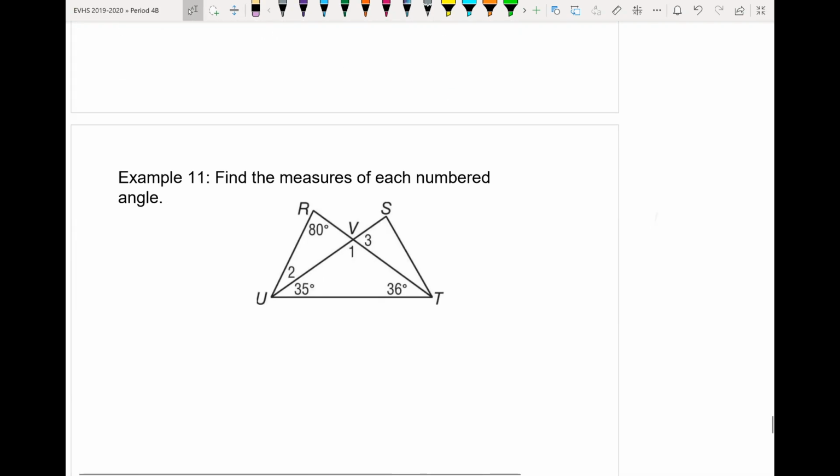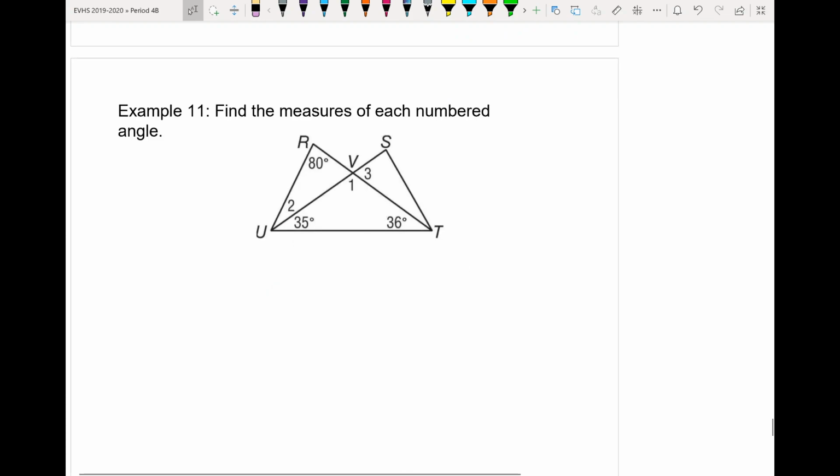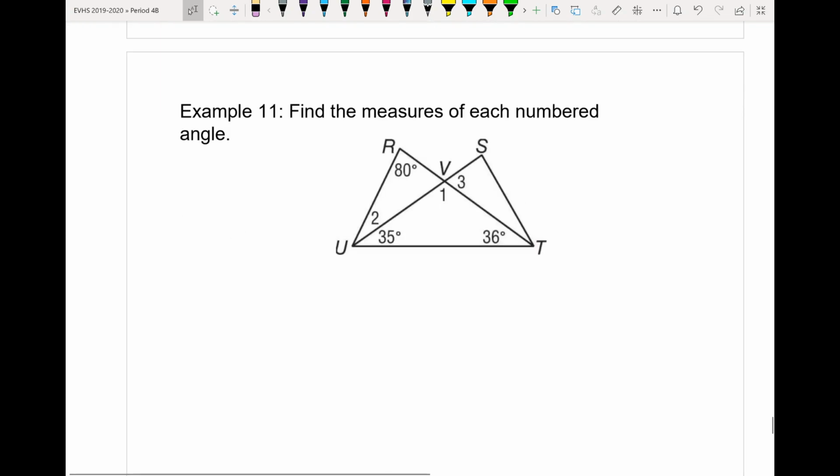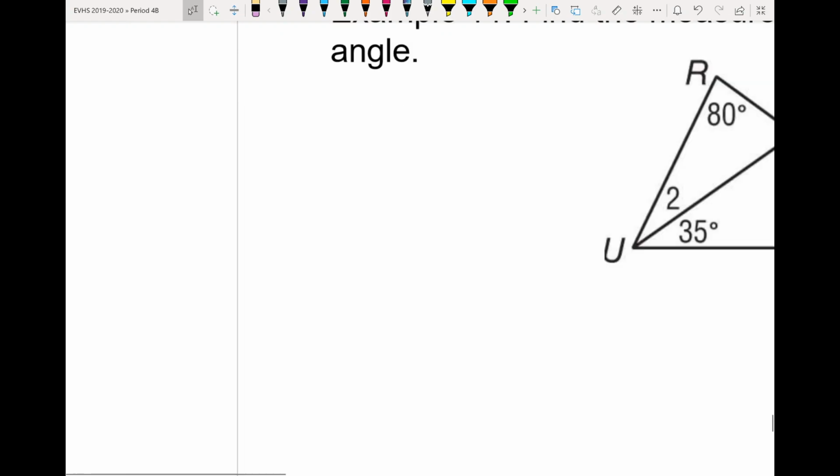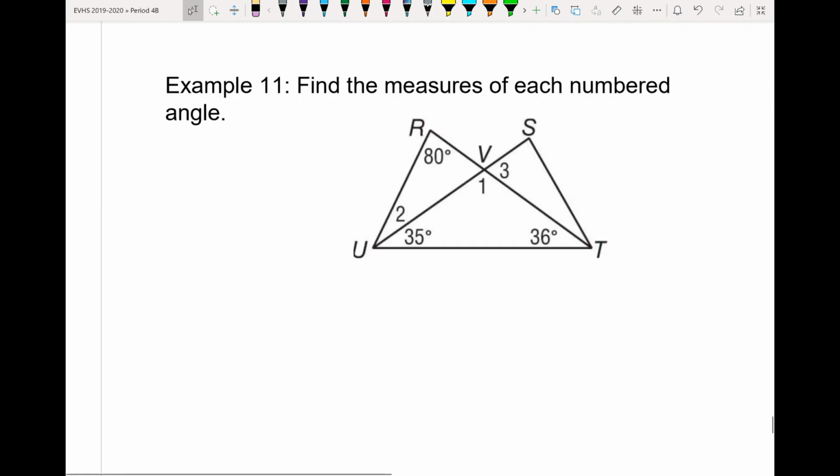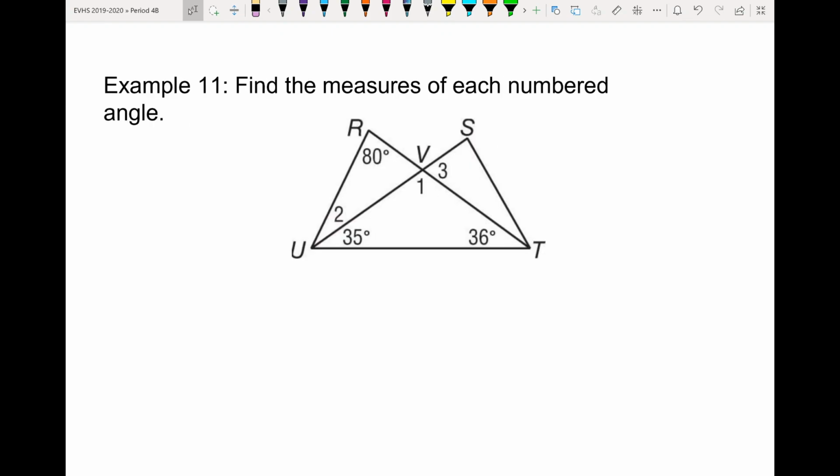All right, last one. All right. So let's do, first off, I'm going to find the measure of angle 3 first, because I feel like it. All right, let's see.